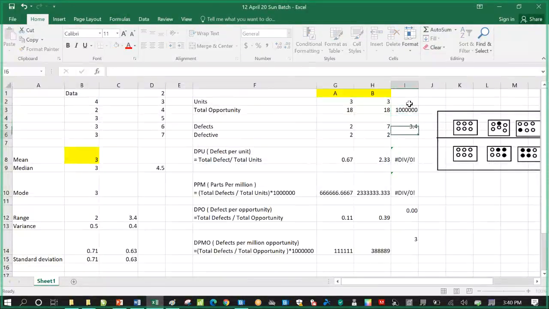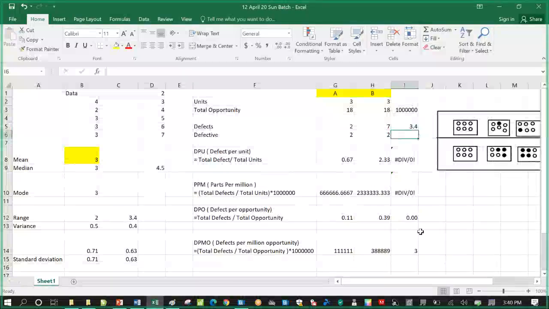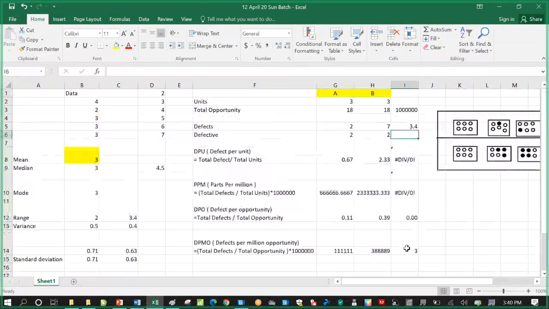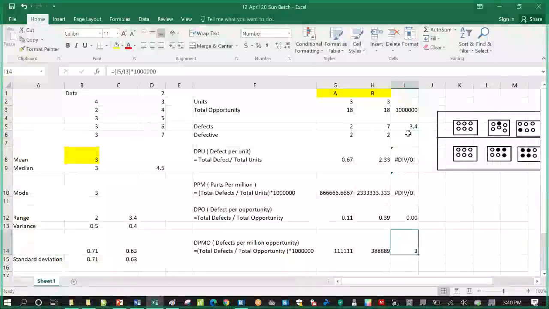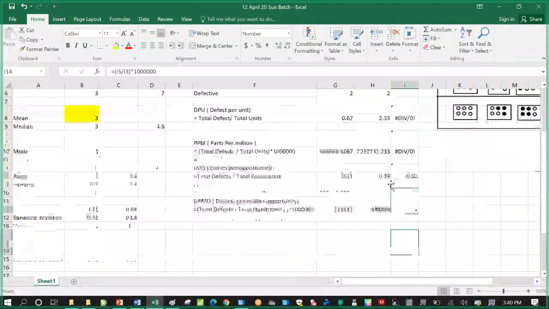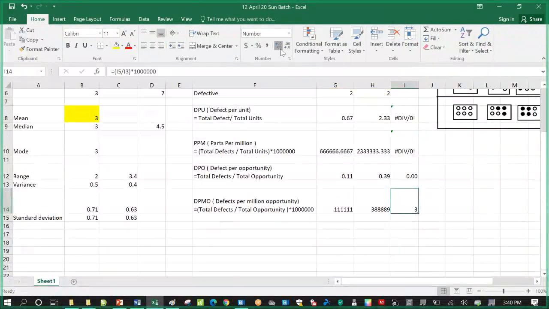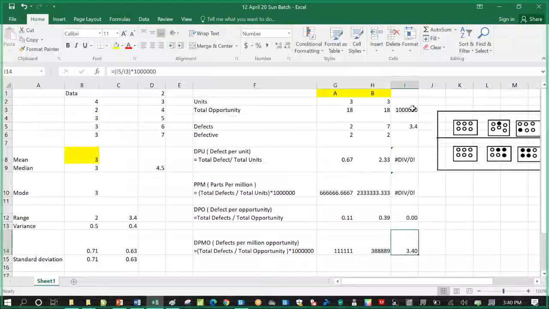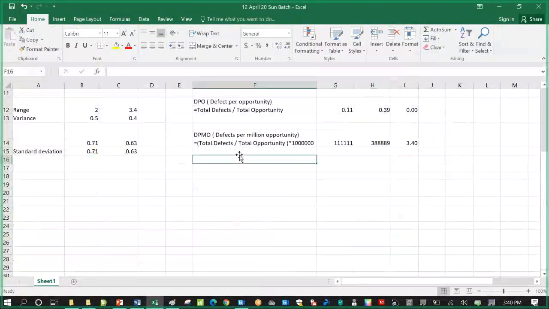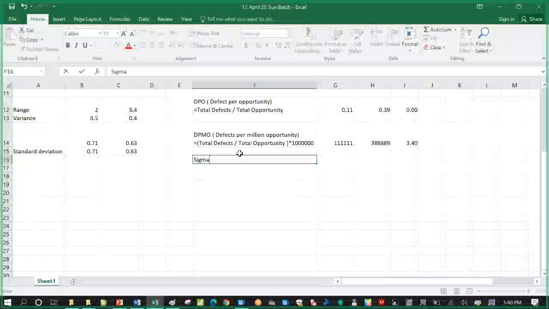So if I have 3.4, it's coming in the same way. Okay, I'll show you this calculation in different way. That's the same thing, DPMO, I'm calculating again. Okay, so let me calculate the last thing, which is called sigma level.